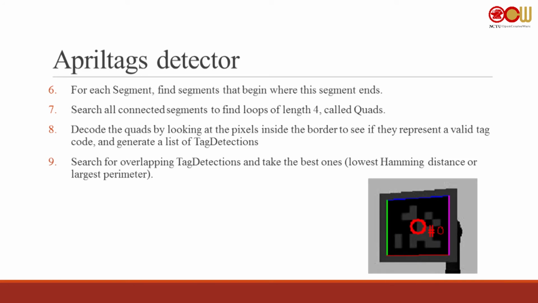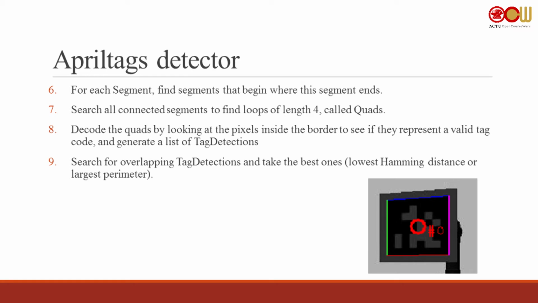So for each segment, let's say the segments begin in these directions and are connected to these segments in this direction. When they are connected, you will find a part of it which is called a quad, with length 4, and you start decoding it.